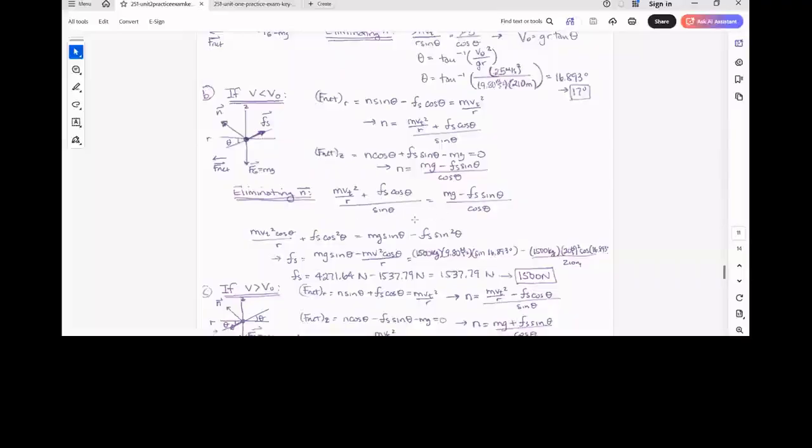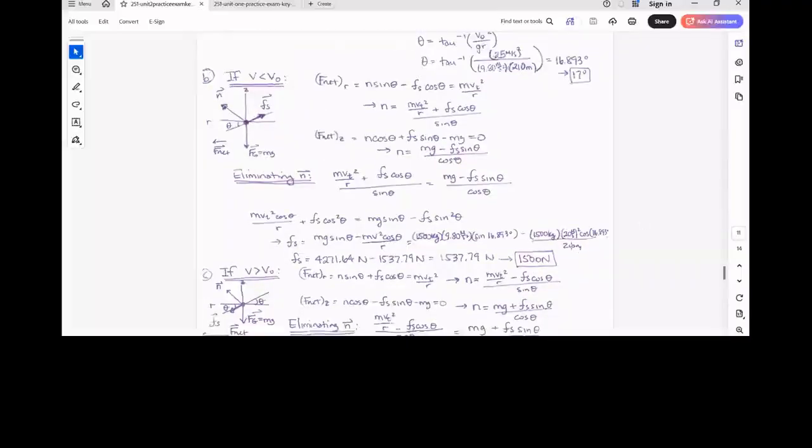So if I isolate the terms that involve Fs, I'm going to end up with Fs times cosine squared theta plus sine squared theta. That is just 1. That's why it's canceled out here. I didn't write it out completely, but you can demonstrate that you will just end up with a 1 there. And Fs is going to be mg sine theta minus mv squared cos theta divided by r.